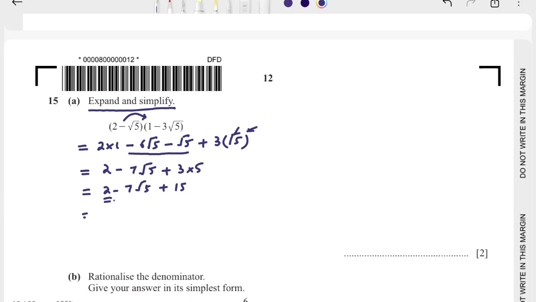Now 2 and 15 will be 17 minus 7 under root 5. This is the answer.